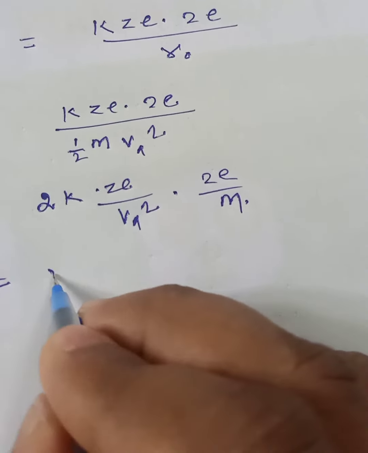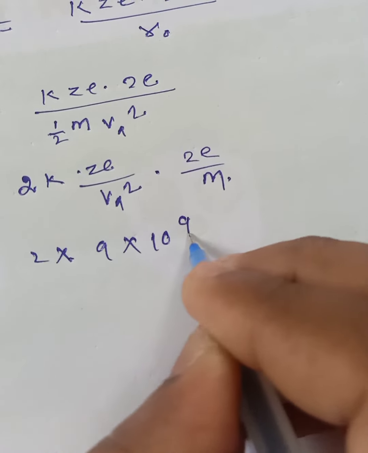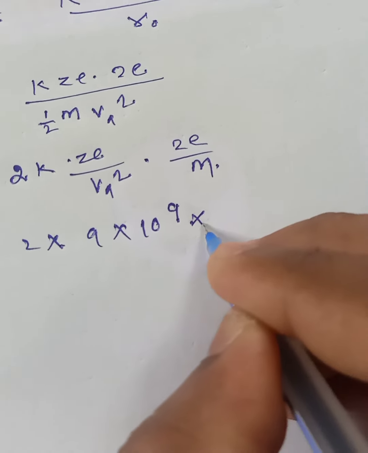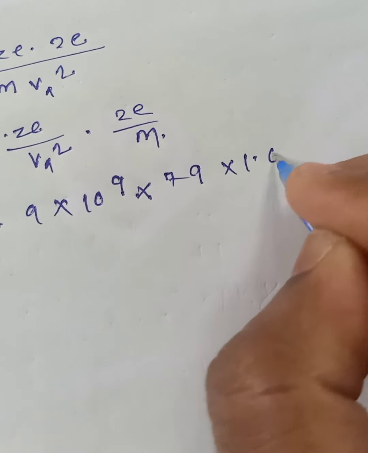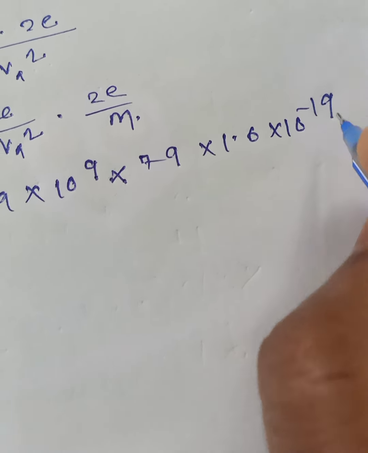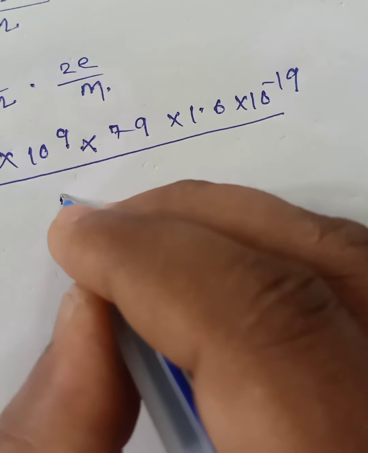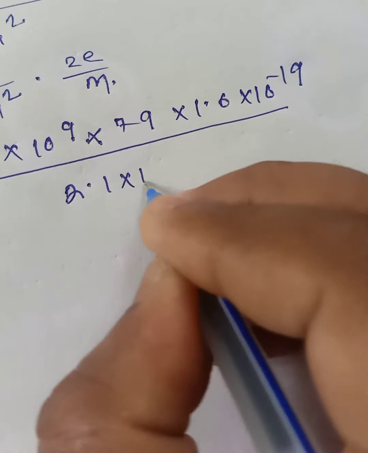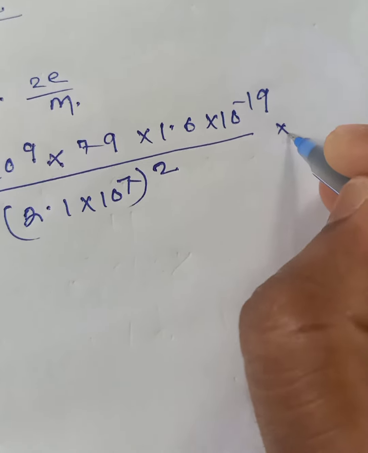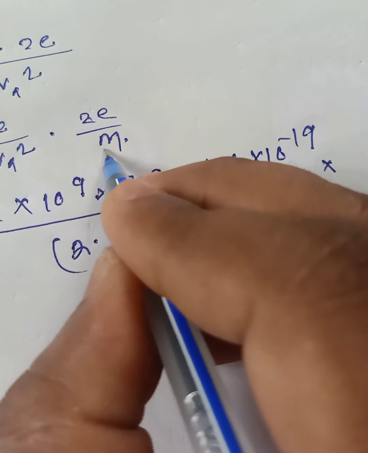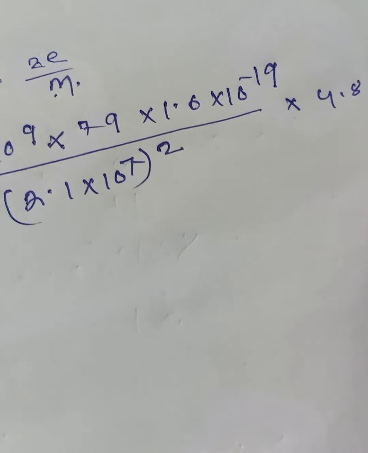So R0 equal to 2 into the value of k, which is 9 × 10^9, Z means atomic number of gold, 79, e means charge of the electron, 1.6 × 10^-19, divided by velocity of the alpha particle, 2.1 × 10^7, whole square, into 2e by m, that means charge by mass of the alpha particle, 4.8 × 10^7.